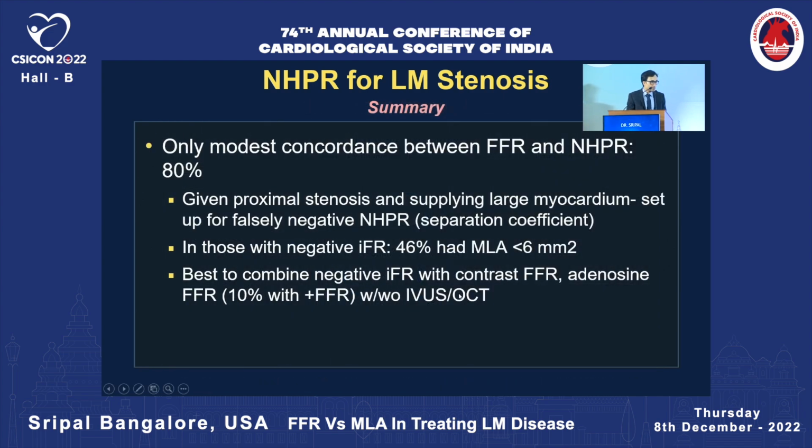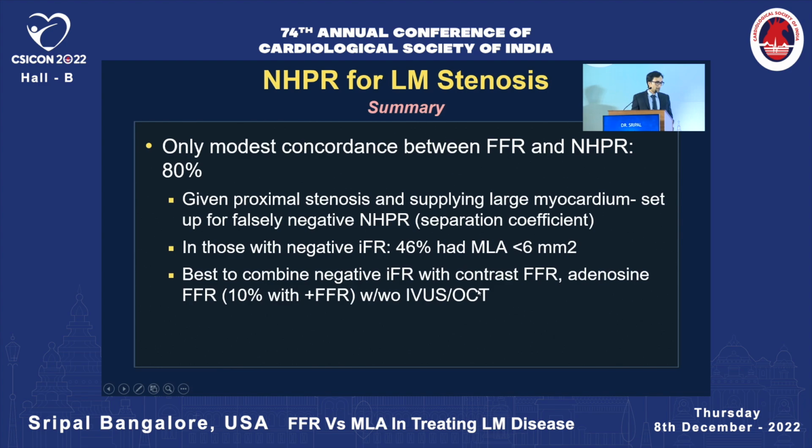So just to summarize, in terms of non-hyperemic pressure ratios, iFR, DFR, RFR, there is only modest concordance between FFR and non-hyperemic pressure ratios. Given that the lesions are typically proximal and supply a large myocardium, it's a setup for falsely negative non-hyperemic pressure ratio, the concept of separation coefficients.